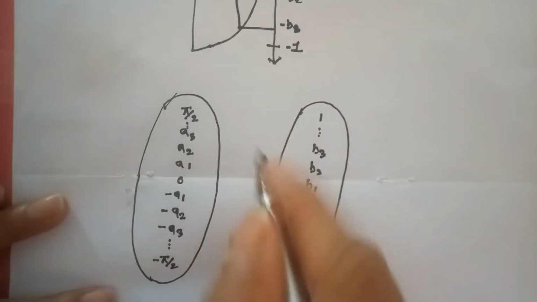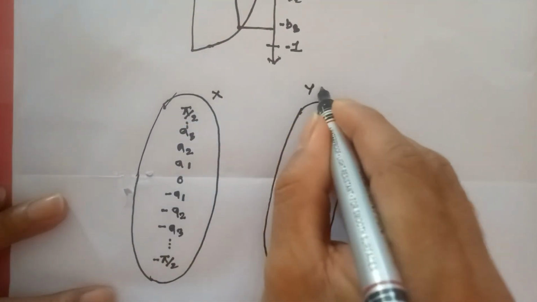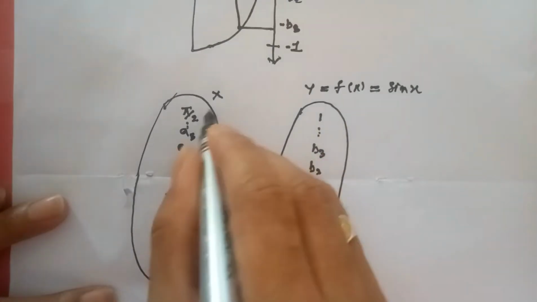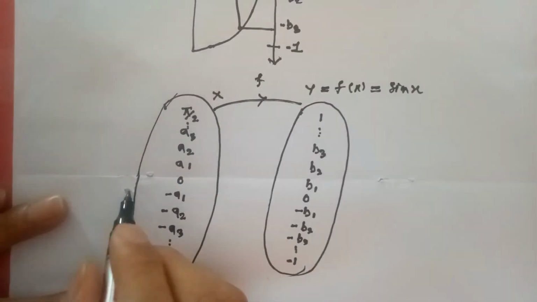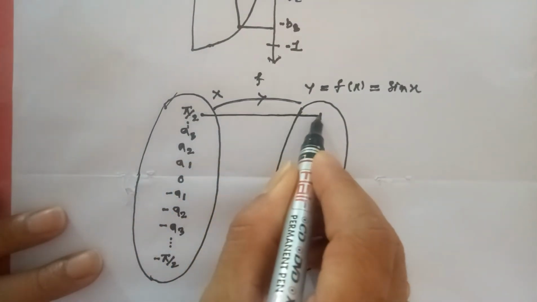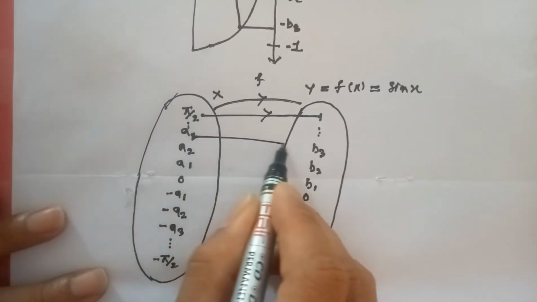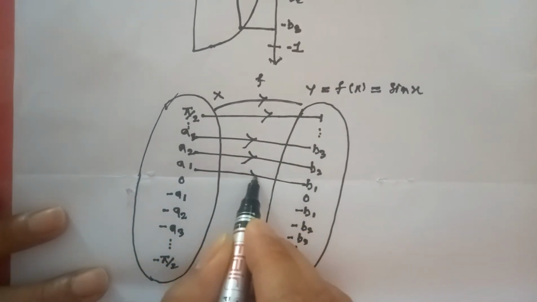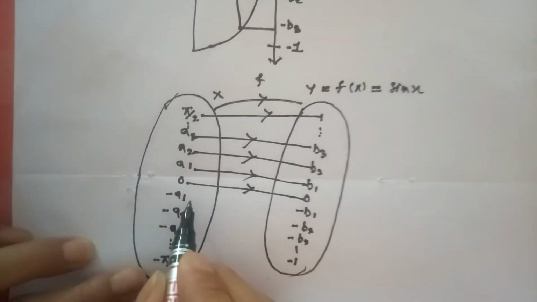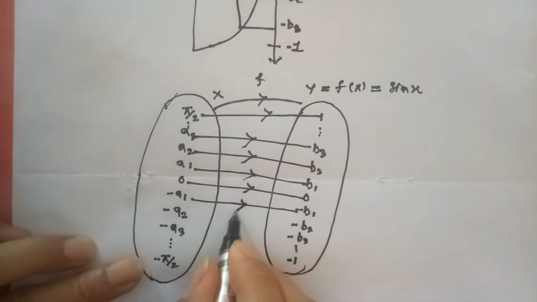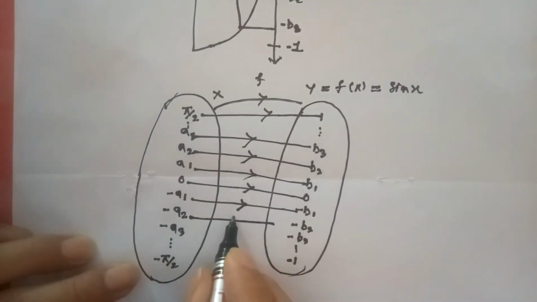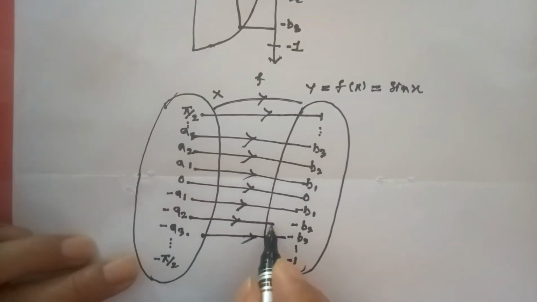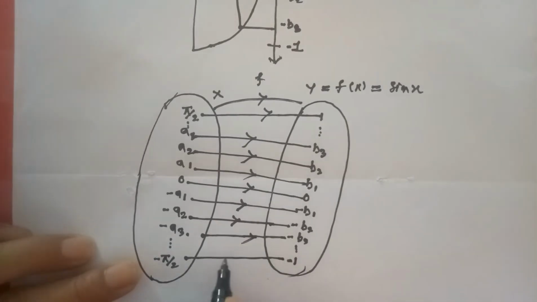Now I draw the map. This is x and this is y equal to f of x, which is equal to sin x. This is the mapping f. Now you see pi by 2 maps to 1, a3 relates to b3, a2 to b2, a1 to b1, 0 goes to 0, minus a1 to minus b1, minus a2 to minus b2, minus a3 to minus b3, and minus pi by 2 goes to minus 1.